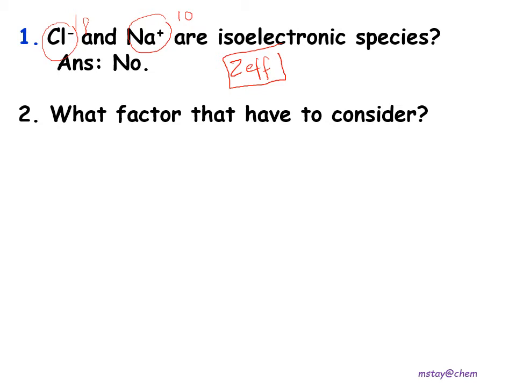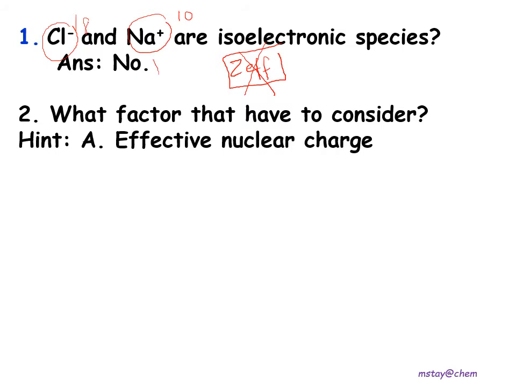Definitely in this case, it is not, because the number of electrons is different, which means that the shielding effect is also different. So in this case, we are going to consider shielding effect.